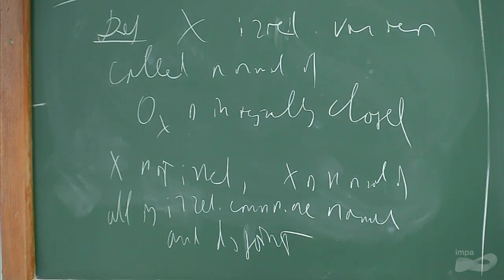And the main utility of the whole business is that every space has its own canonical normalization.